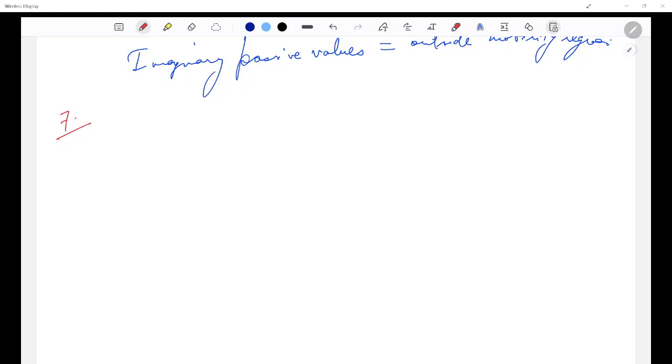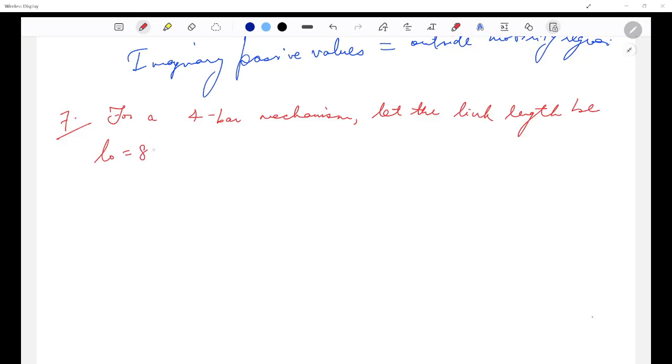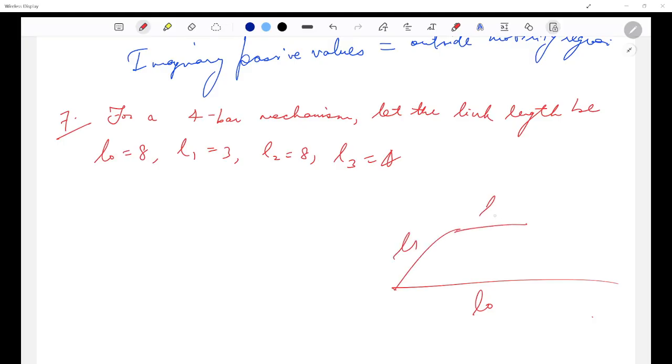So for a 4-bar mechanism, let the link lengths be L0 equal to 8, L1 equal to 3, L2 equal to 8, and L3 equal to 4. I hope you understand this is L0, L1, L2, and this is L3.